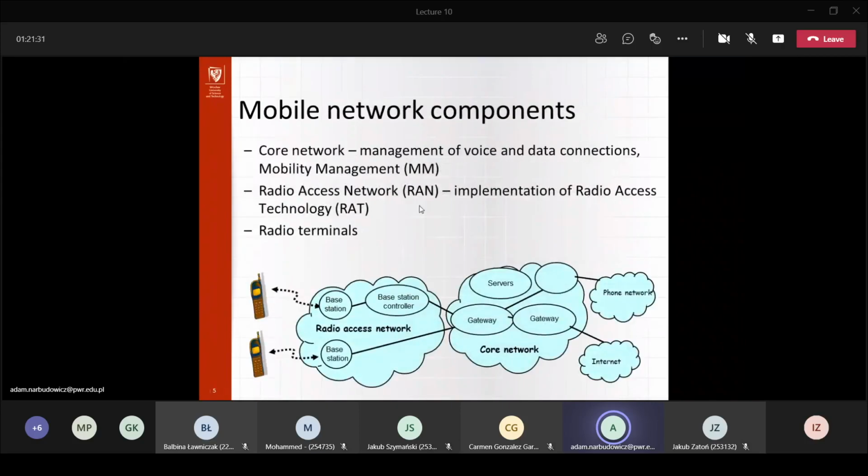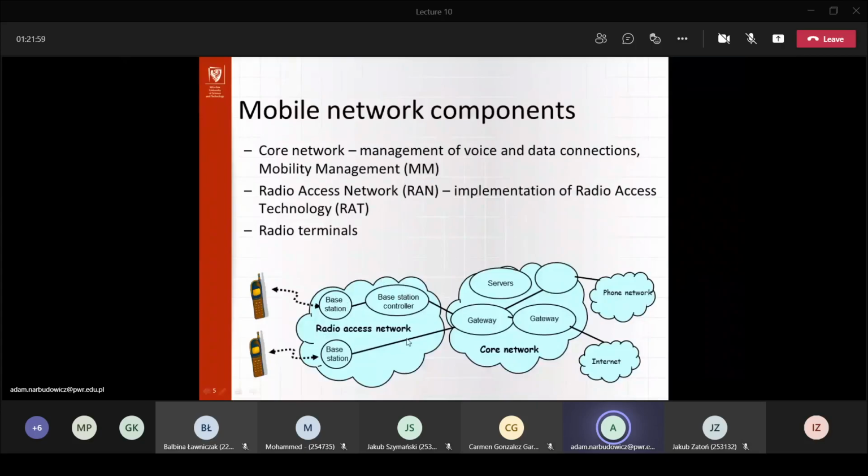So here again we can see the distinction between core network and access network. This is something we spoke about a bit after the optical fibers. Okay, so basically here we have a phone or terminal, and it doesn't of course have to be a phone. It is communicating with a base station.